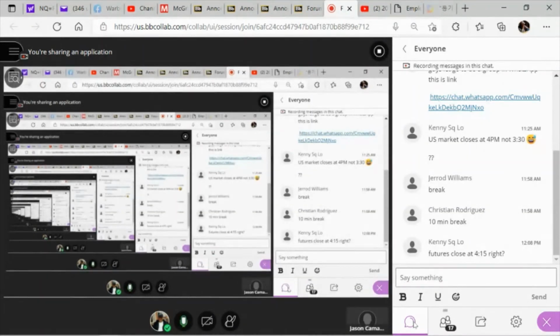Australia and New Zealand have the earliest time zone in the world, 1 hour ahead of South Korea and Japan. So they are 15 hours ahead of the U.S. East Coast.